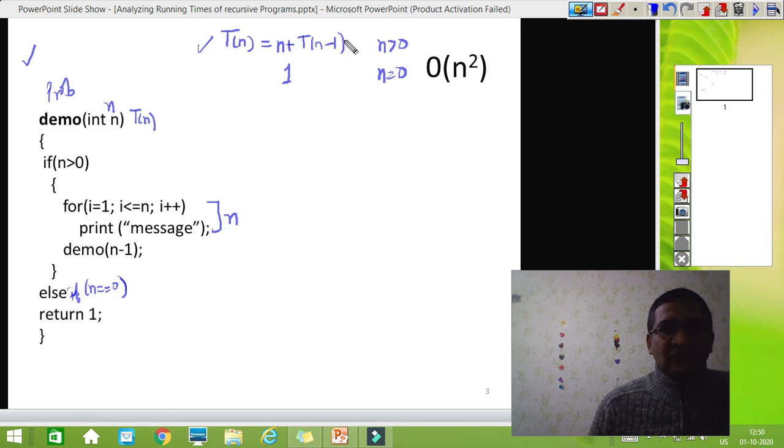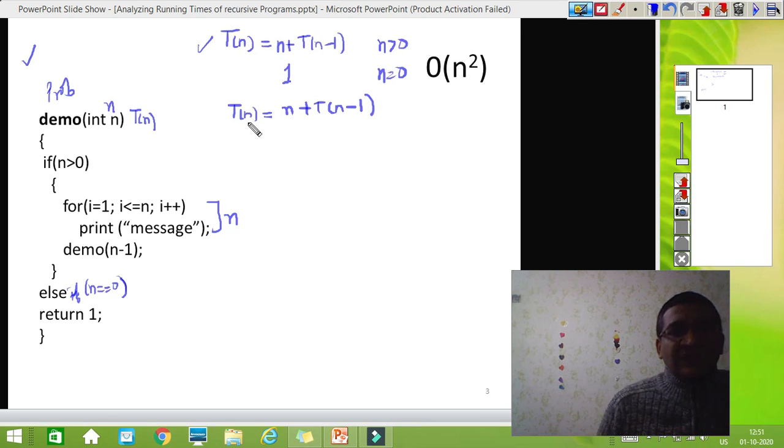What does it mean? This is our main equation for this algorithm, T of n equals n plus T of n minus 1. If I replace n with n minus 1, what will I get? T of n minus 1 can be written as n minus 1 plus T of n minus 1 minus 1. I have replaced n with n minus 1.